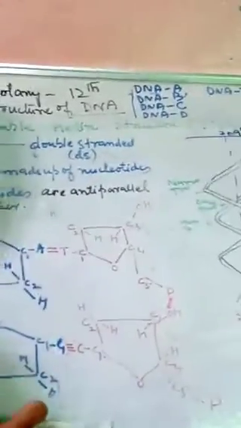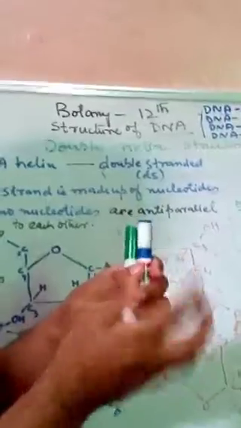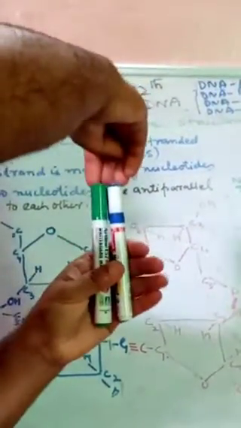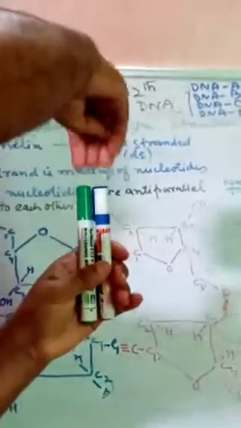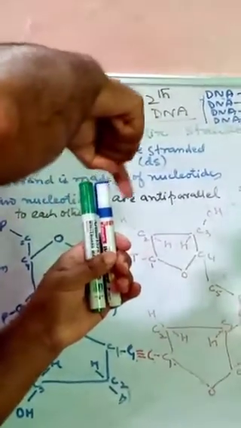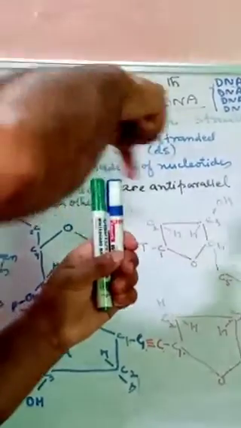This type. Second, this is the double helix. If we look at this DNA from the top, we will find that it is a spiral shape. It is spinning, rather.